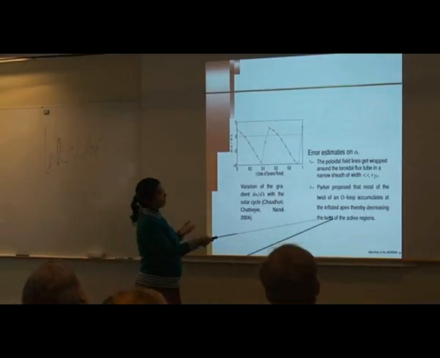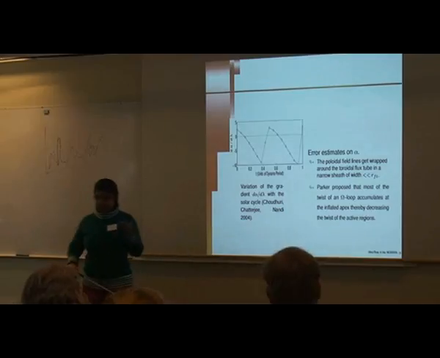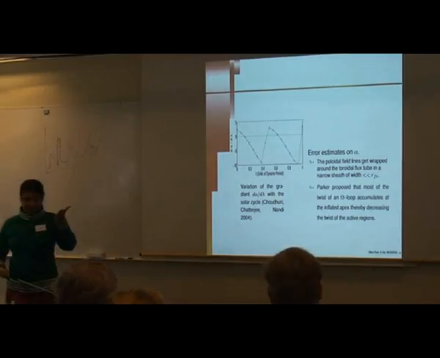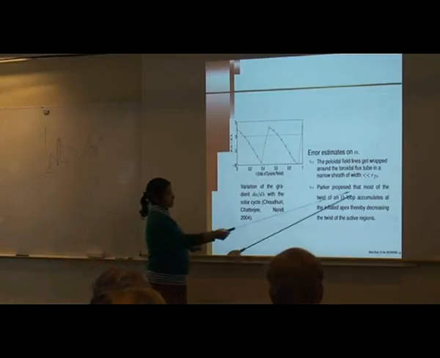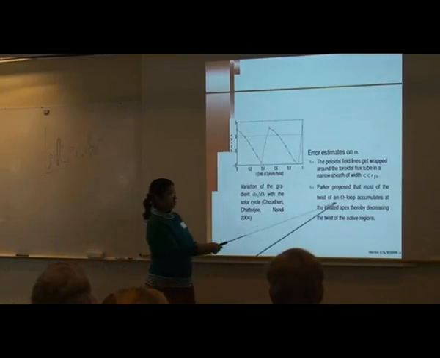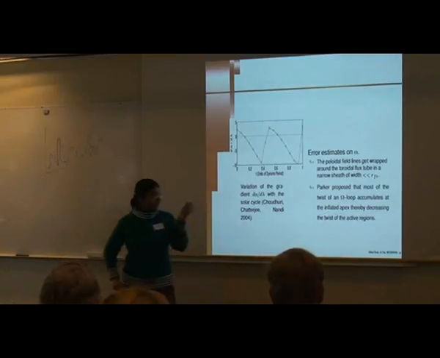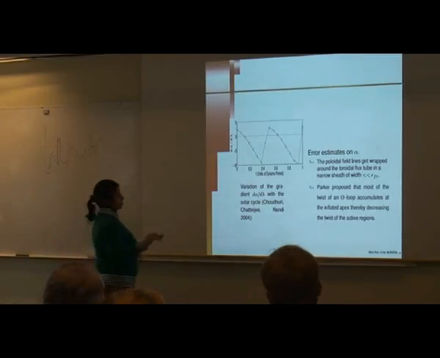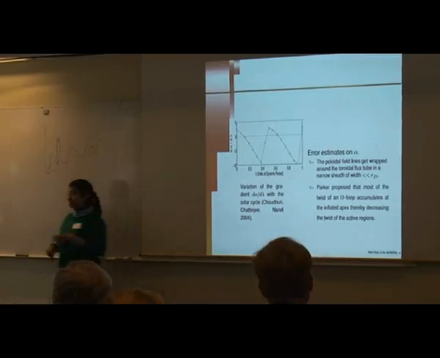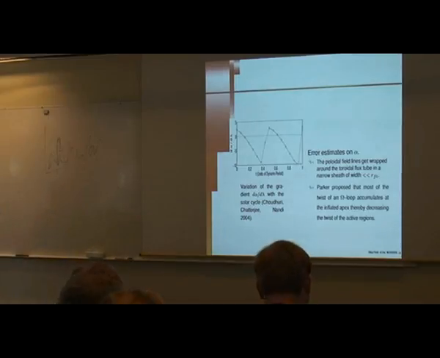And moreover, when you look at the helicities in the chromosphere or in the corona, Parker had proposed long back that the twist of an omega loop accumulates at the inflated apex, thereby decreasing the twist of the active regions. So there can be many sources of errors, but I have just shown 2 of them.